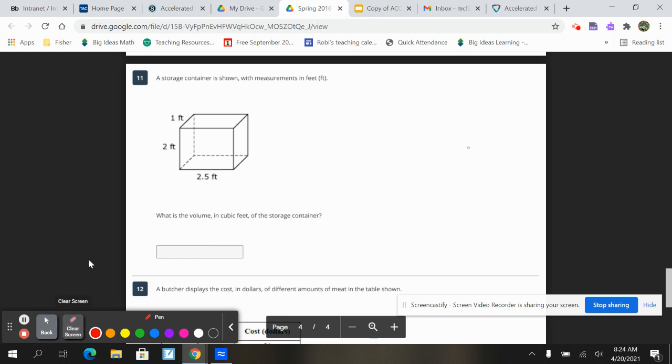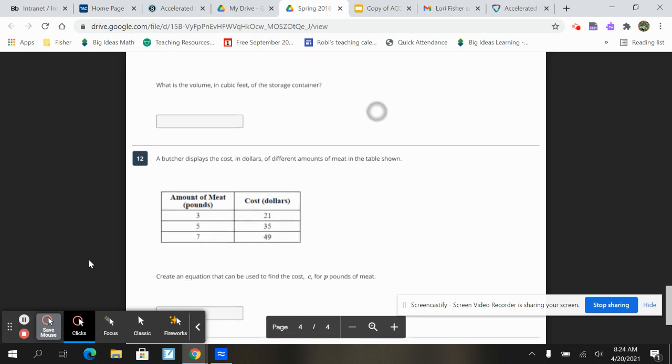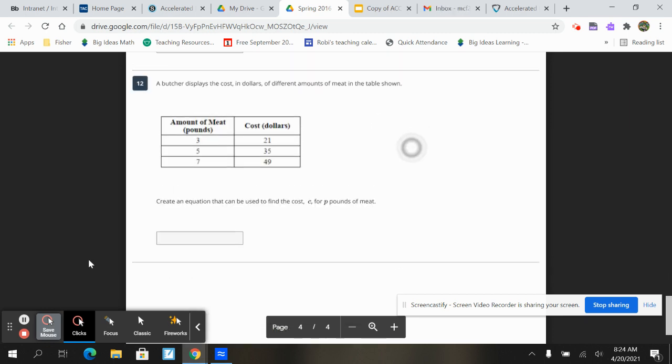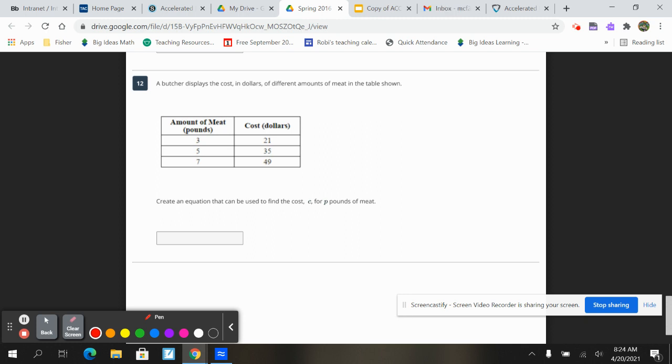All right, everybody good there? Okay, and the last one here is not difficult, but I'll show you the most common mistake that you children make. A butcher displays costs in dollars of different amounts of meat that are shown on the table. For 3 pounds of meat, the cost is 21 bucks. 5 pounds of meat costs $35, and 7 pounds costs 49.